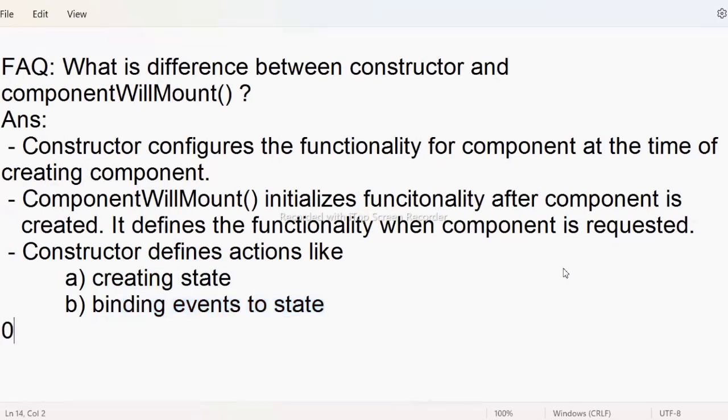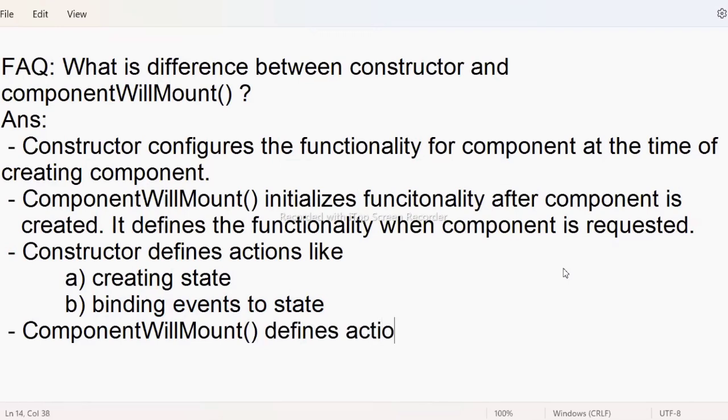Then what about will mount? The componentWillMount method defines actions like, as I already explained in one concept, connecting with a database. When you request, it wants to connect with an API, and when it is finished, using unmount, it will be disconnected.